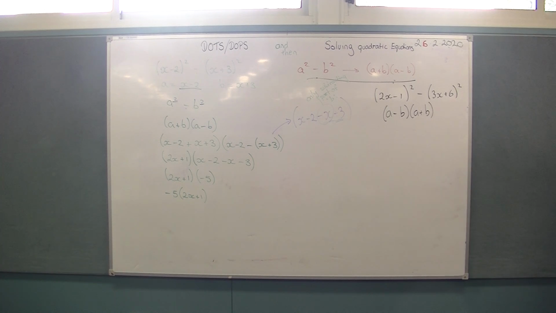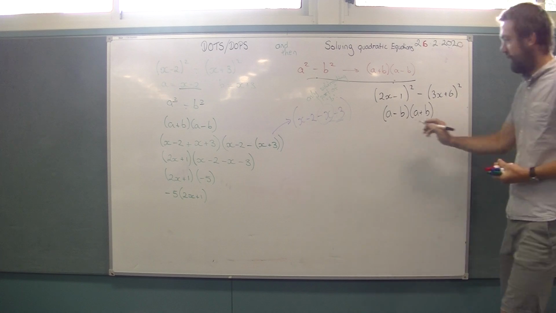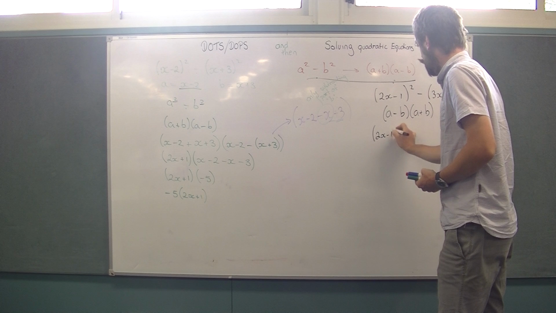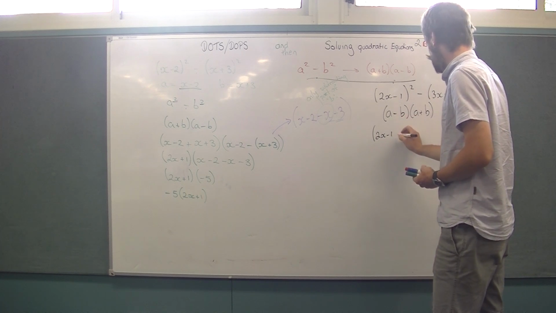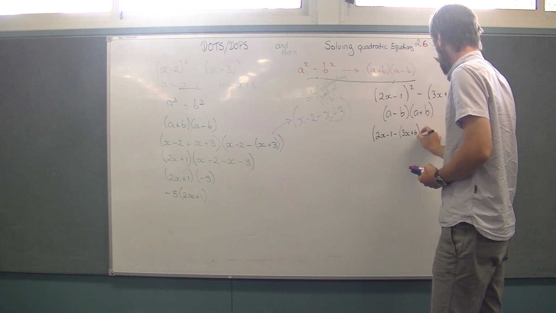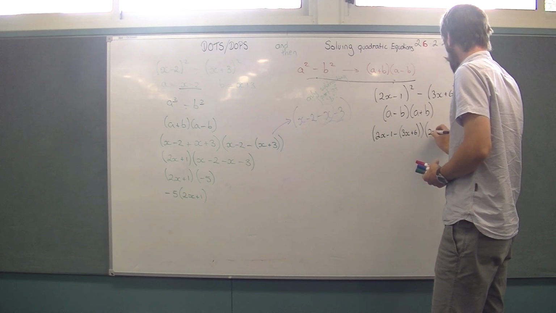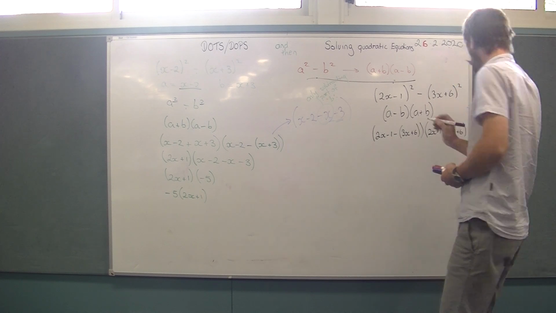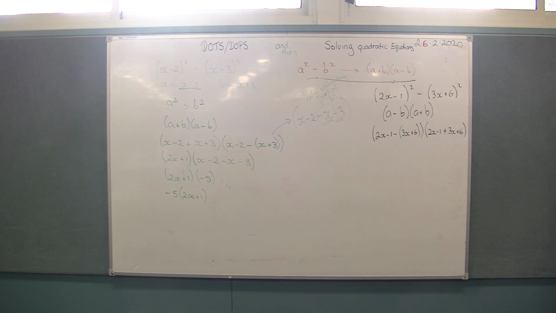Alright, I'll write in the first line and you can tell me if that's what you've got. So A is 2x minus 1, B is 3x plus 6. So my two sets of brackets look like this: 2x minus 1, take away all of B, which is 3x plus 6.